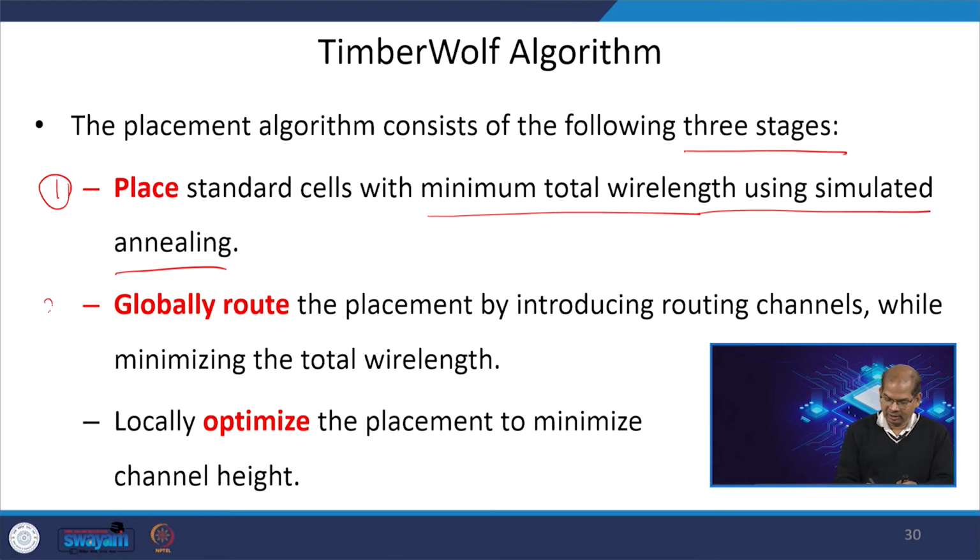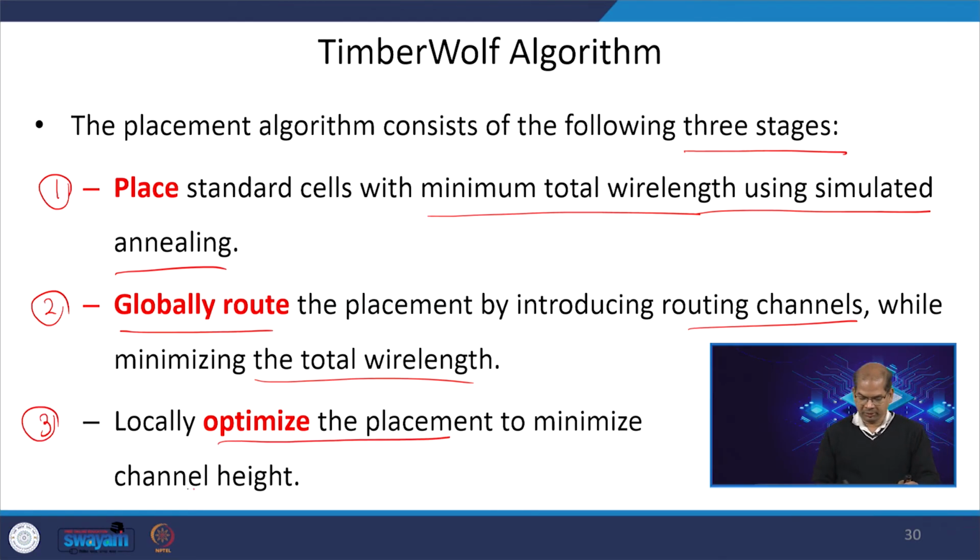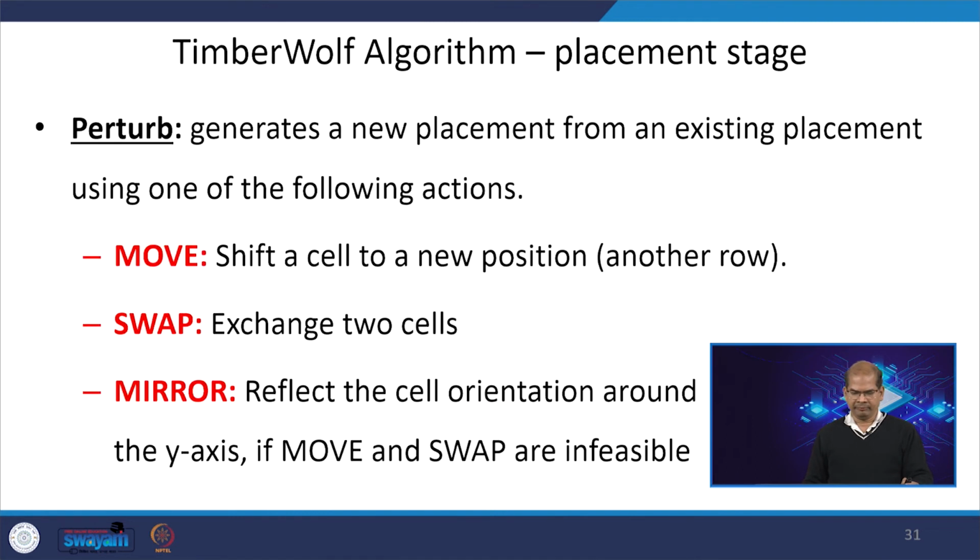Then the second step is to globally route the placement by introducing the routing channels while minimizing the total wirelength. Then the third step is to locally optimize the placement to minimize the channel height. So, these are the 3 steps of the algorithm.